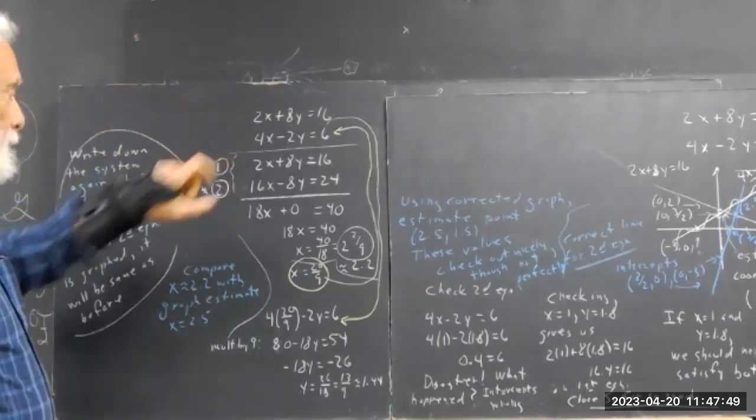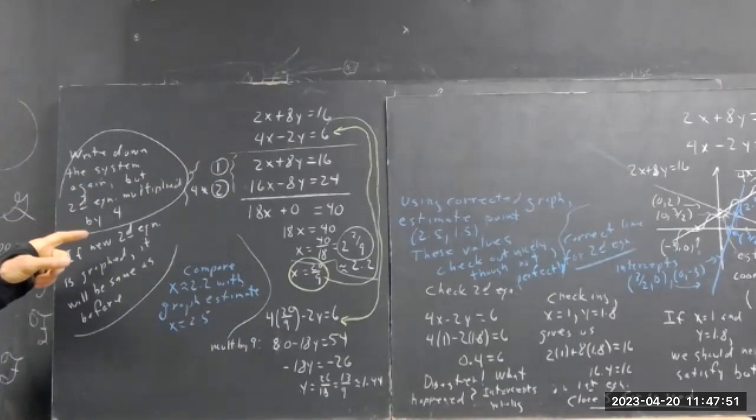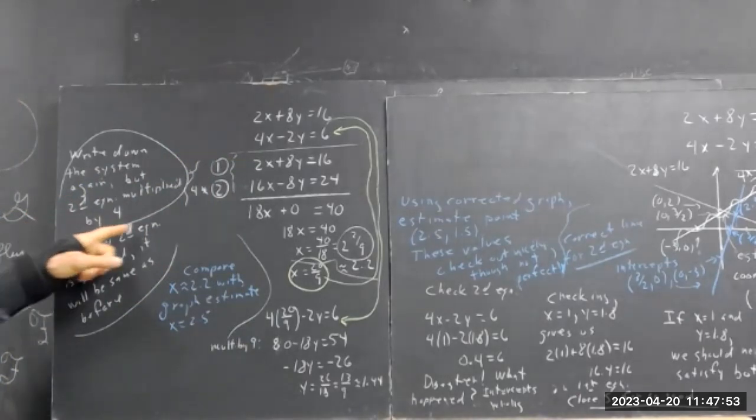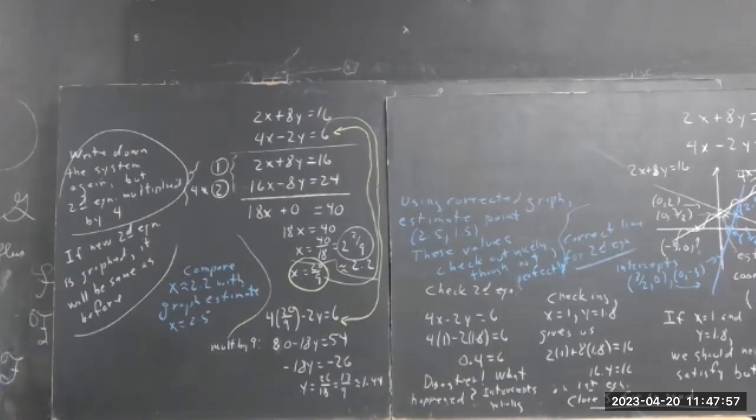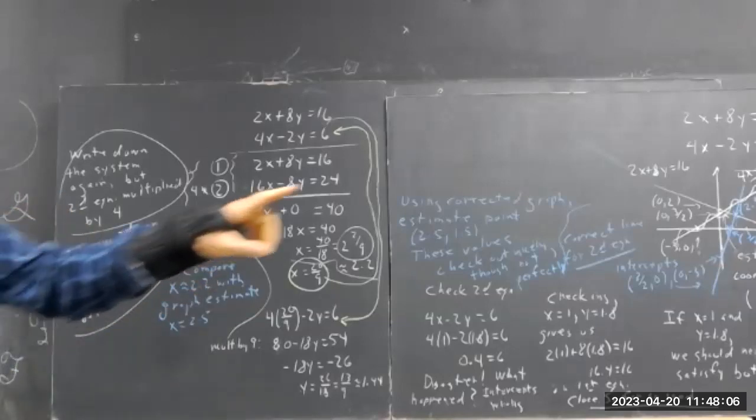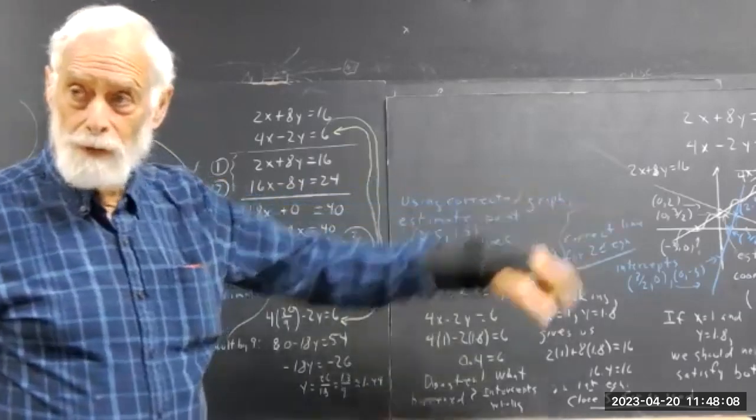I do the whole system. I write it down there, but with the second equation multiplied by 4. And then I know the graph of the new second equation would be the same as it was in the original, and I pointed that out already.